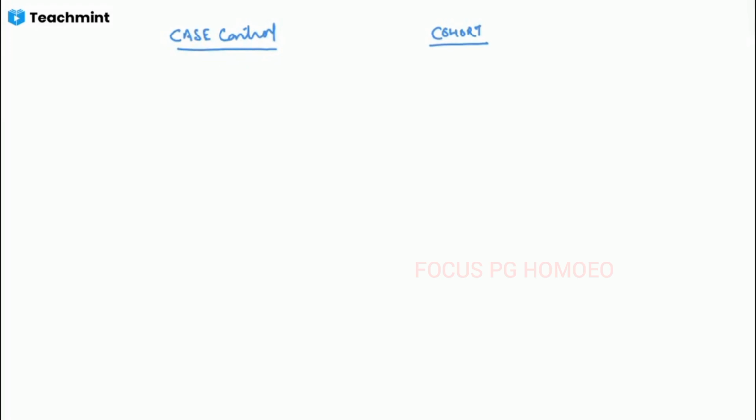What is the difference between case control and cohort? See, in case control, we are going from effect to cause. Effect to cause means we are going retrospectively.